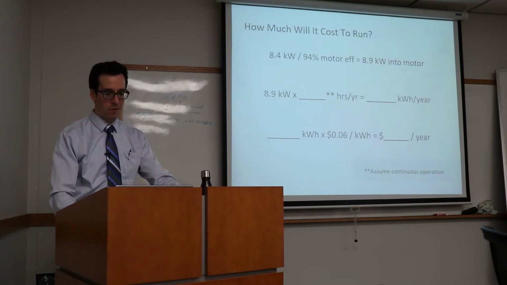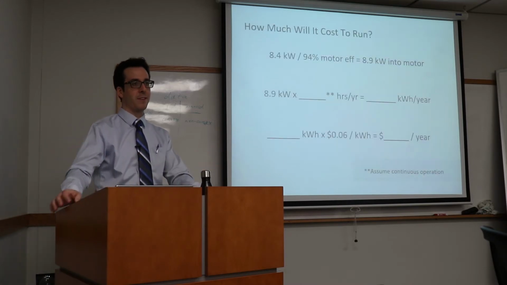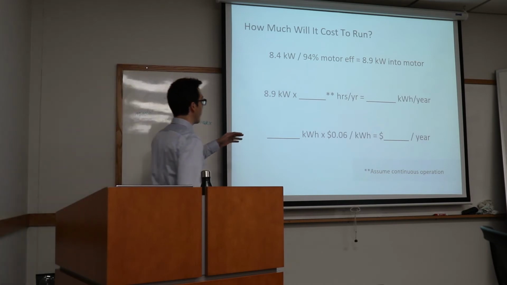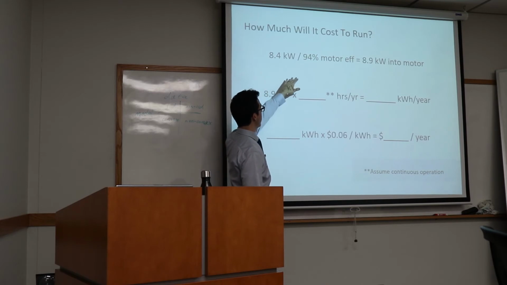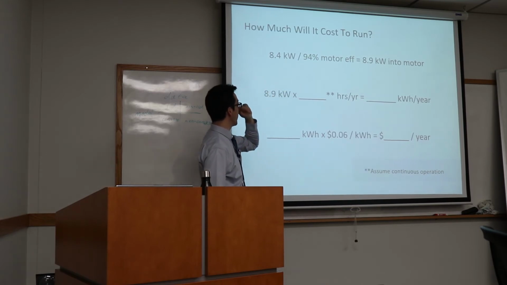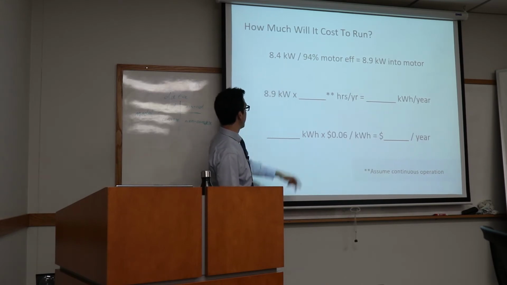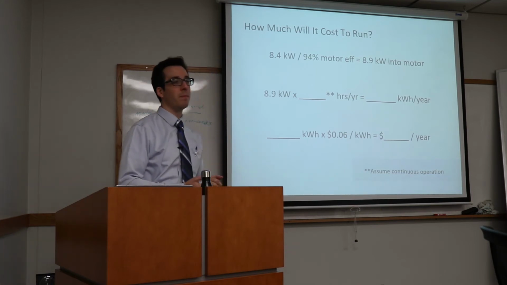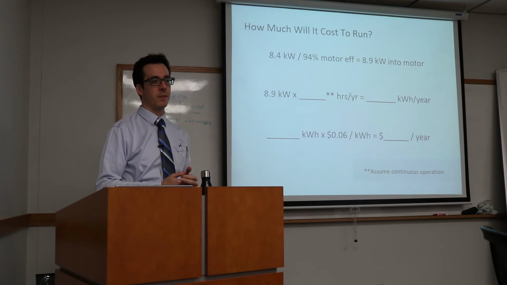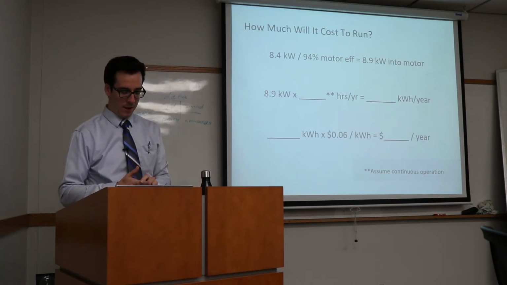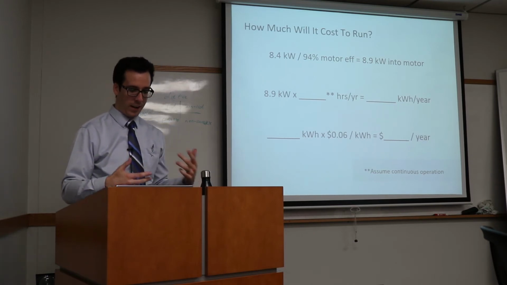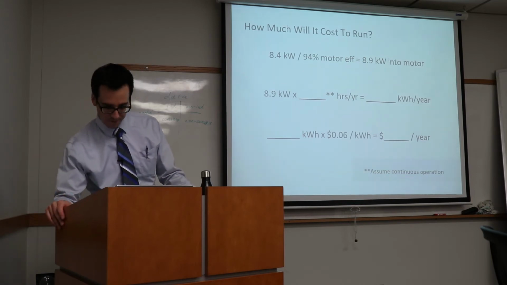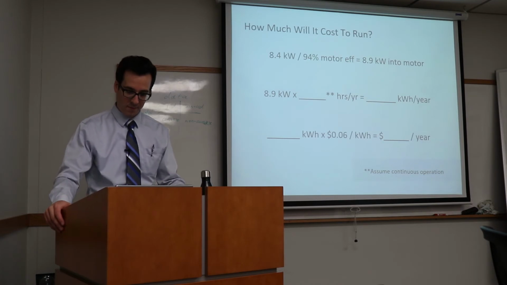Now, how much will it cost to run, assuming it goes 24/7 over a year, and remembering that we also have to consider 94% motor efficiency? So 8.4 divided by 0.94 gives us 8.9 kilowatts going into the motor. We start with 8.9 kilowatts, run it all year at 6 cents per kilowatt hour. How much does that cost? $4,678.